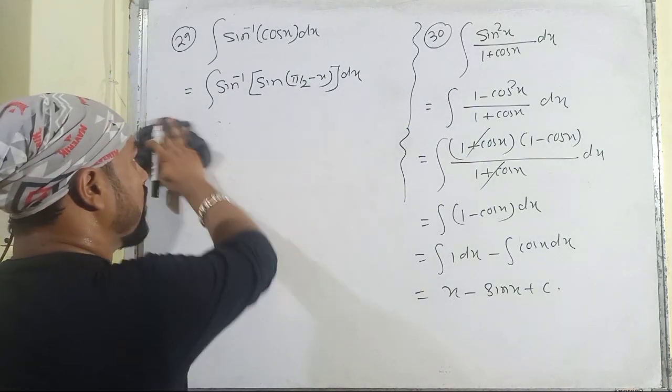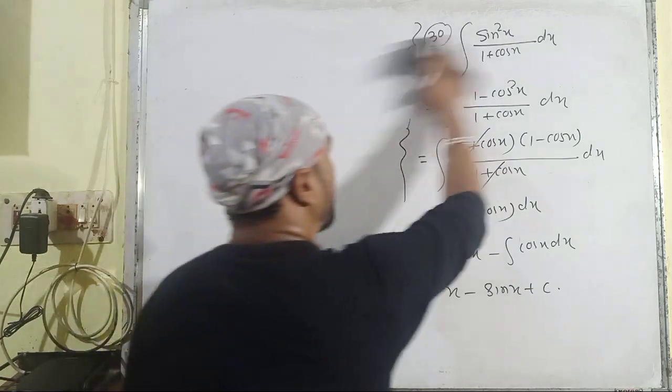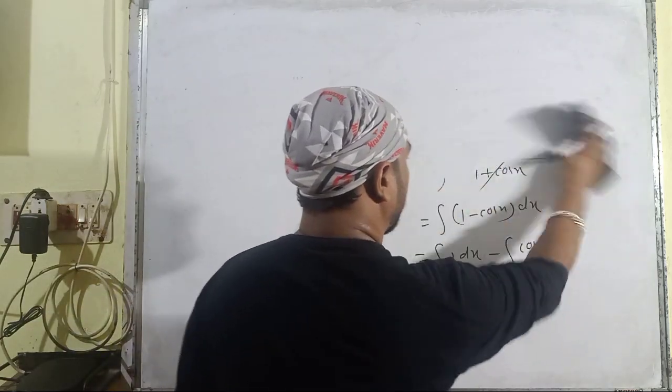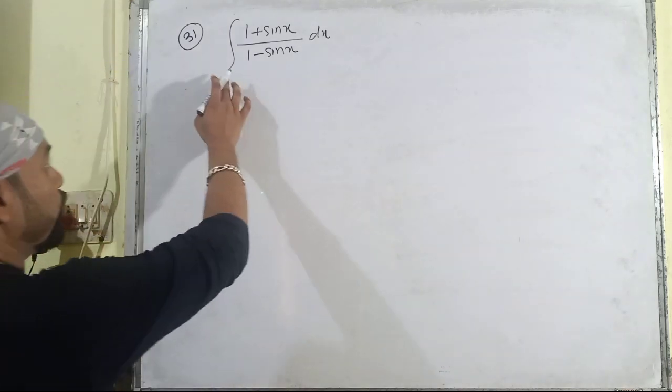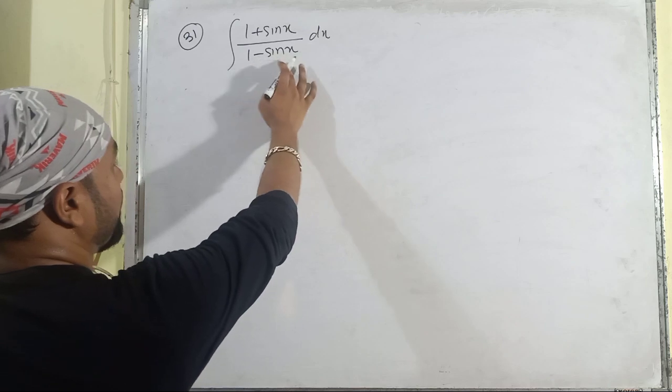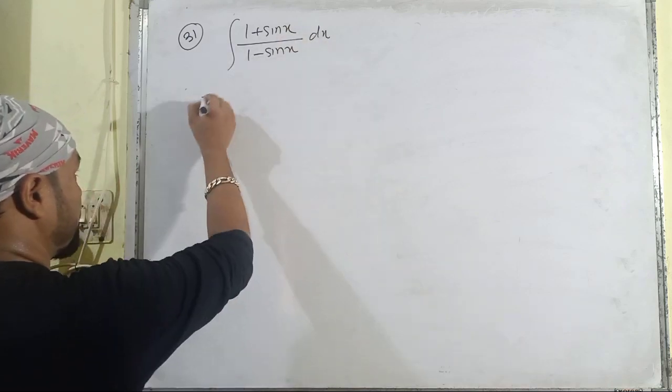Then coming to the problem number 31 and onwards. We have to integrate 1 plus sin x divided by 1 minus sin x with respect to x.